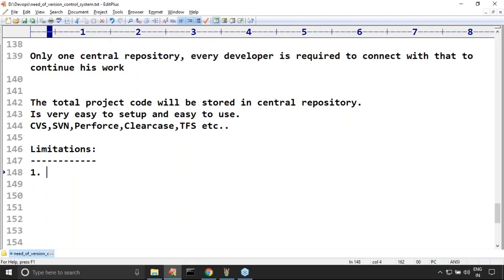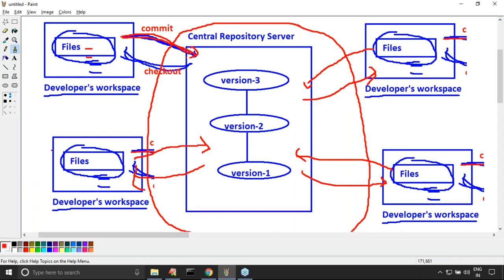Can you please confirm what is problem number one? We will list it out, you can understand easily. The first problem: where is the total project code available?